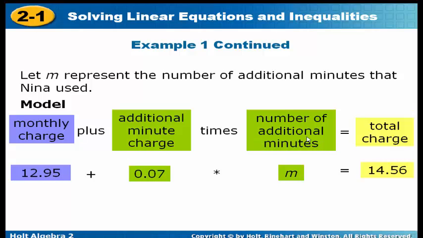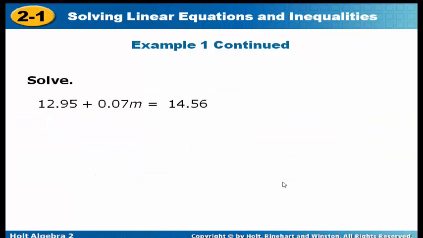The total charge here is given, 14.56, and the monthly charge is given, 12.95, plus 0.07 times M, the number of minutes. Now it's an equation. So 12.95 plus 0.07M equals 14.56.